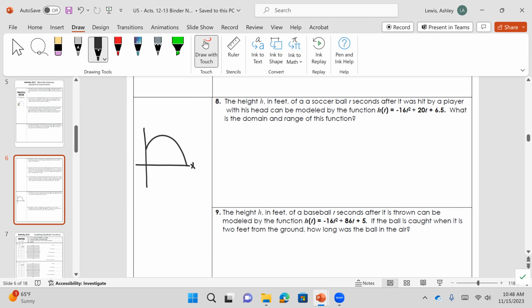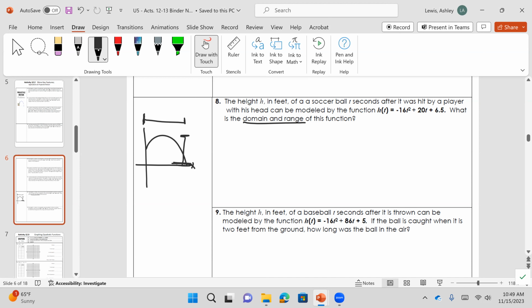So we want to know what the domain and the range are. Remember, domain are the x values, so it's going to be from a time of 0 seconds to whatever time it hits the ground. The range is the y values, basically the height. The very bottom, the height is 0, and the very top is how high the ball goes.